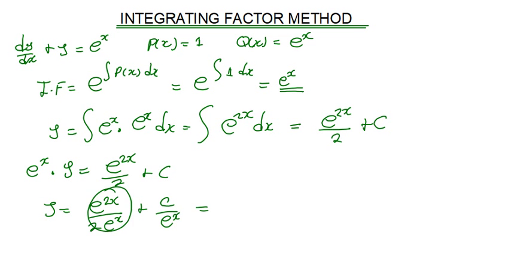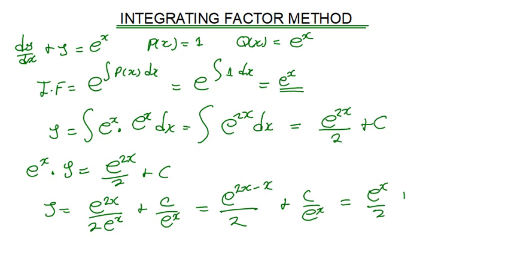You observe that here what you have is the same as e to the 2x minus x, divided by 2, plus c over e to the x. What is this going to be? This is just going to be e to the x divided by 2 plus c over e to the x, which happens to be the solution that we are looking for. Okay, so that's how we go about that one. Let's try to look at another example.